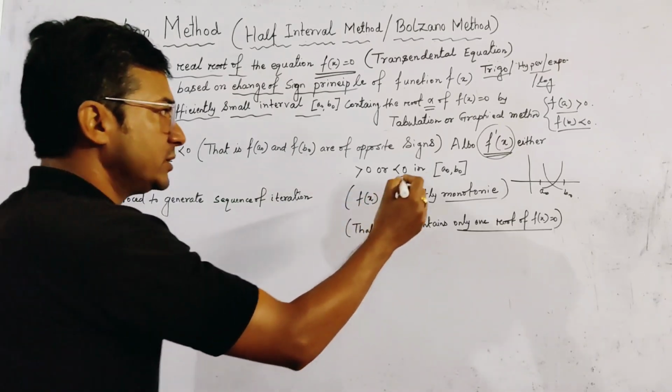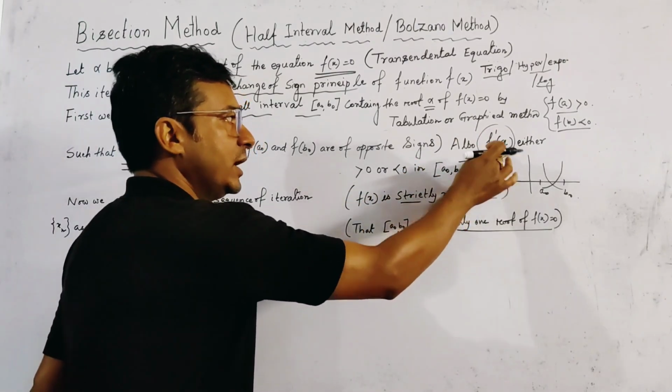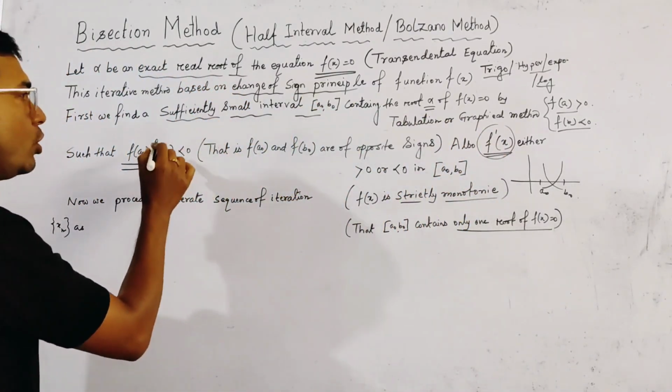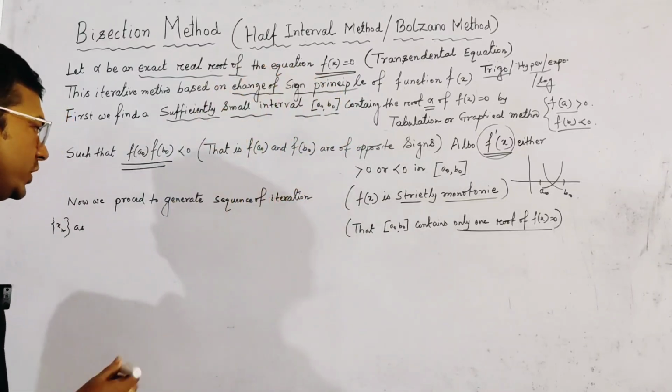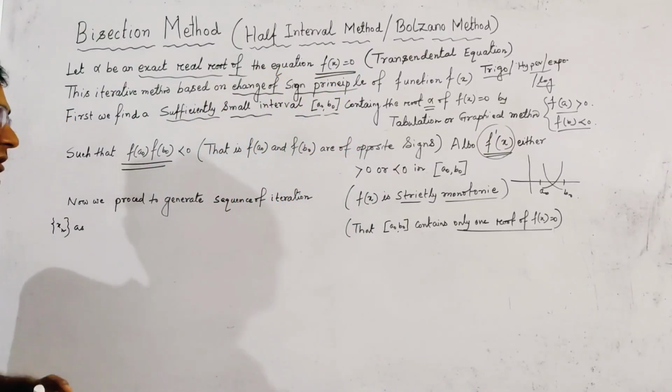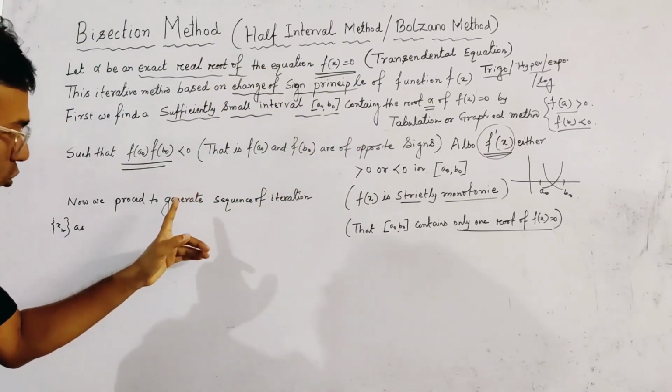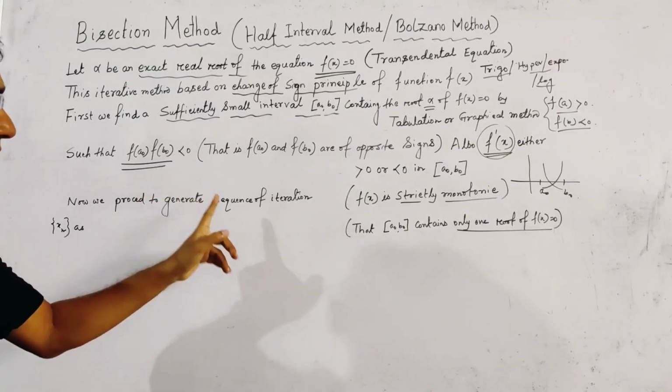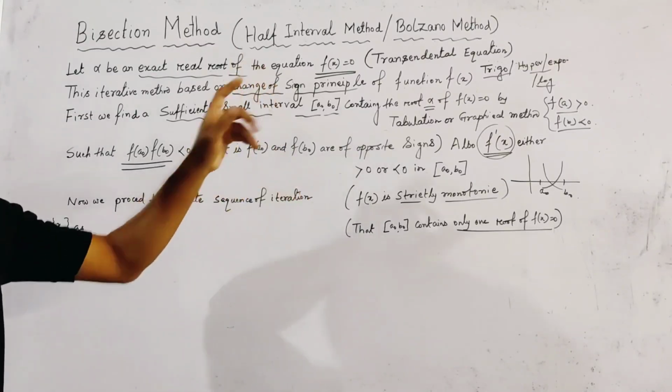After satisfying this condition and taking the small interval [a0, b0], we proceed to generate the sequence of iterations of this method.